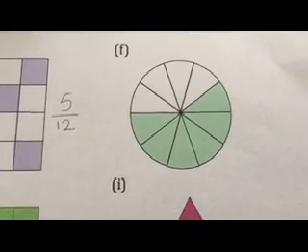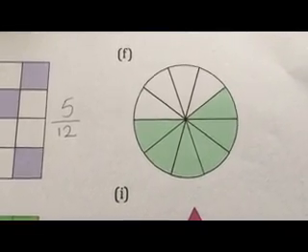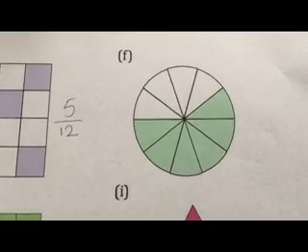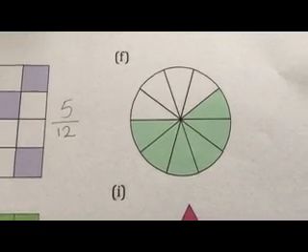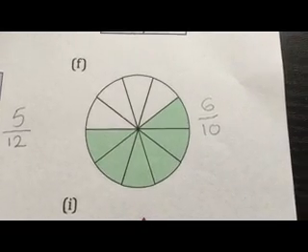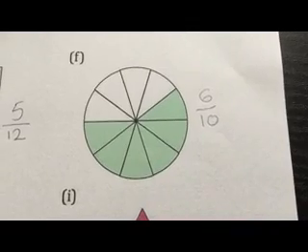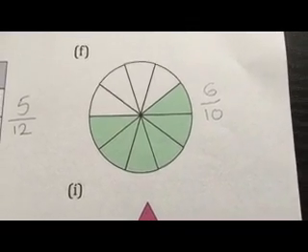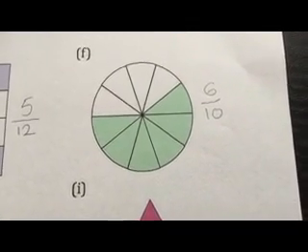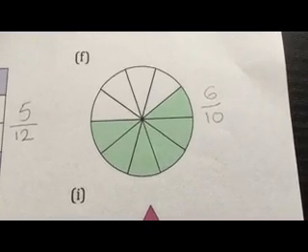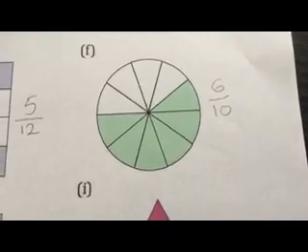So the denominator is 10 and 6 pieces have been coloured. So the numerator is 6. So you get 6/10. Remember, the number at the bottom is how many pieces altogether. The number on the top is how many pieces we are talking about. Sometimes that's the coloured bit, sometimes it's not the coloured bit.